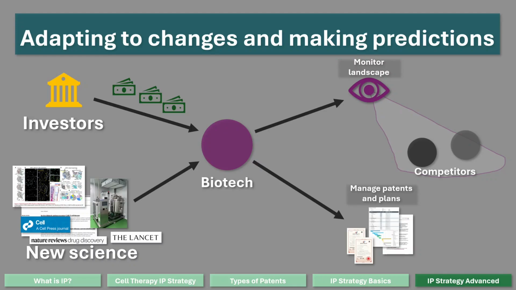The IP strategists must review their patent strategy several times a year while continuously examining the purpose of every existing patent and ongoing application. Patent management on a tactical level must also be constantly reviewed against any changes in the underlying science. The IP strategists must also consider the commercial needs of the biotech when making decisions.